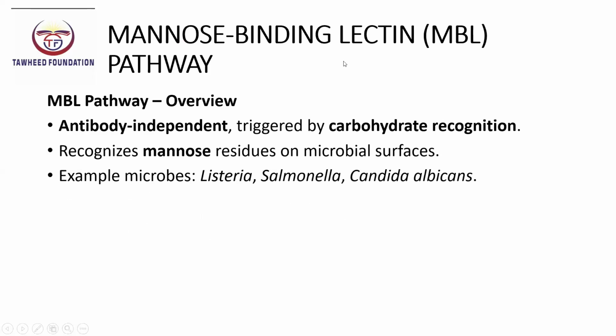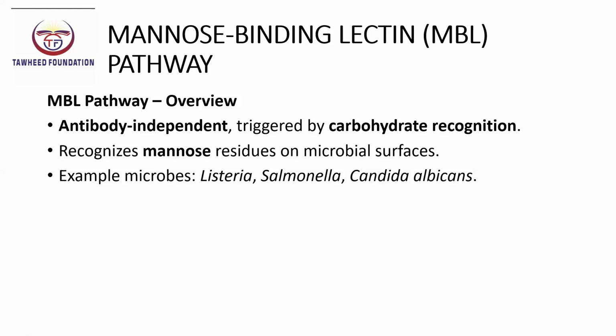Next is the mannose-binding lectin, that is MBL, pathway. The MBL pathway is another antibody-independent complement activation route. It is triggered by carbohydrate recognition, specifically when MBL, a pattern recognition molecule, binds to mannose residues on the surface of pathogens.